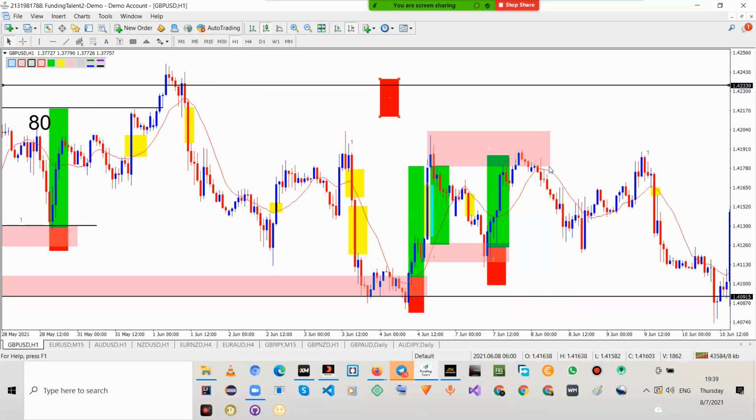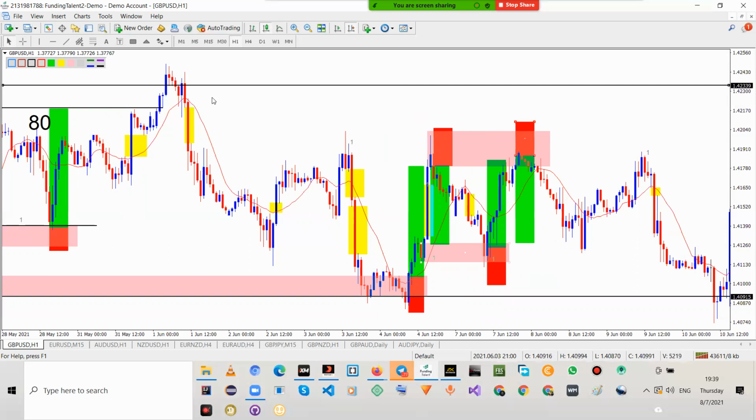Guys, as you can see, how many trades have you entered now? How many trades have we entered right now? How many trades, guys? How much money would you have made and recovered from these moves up to this point?